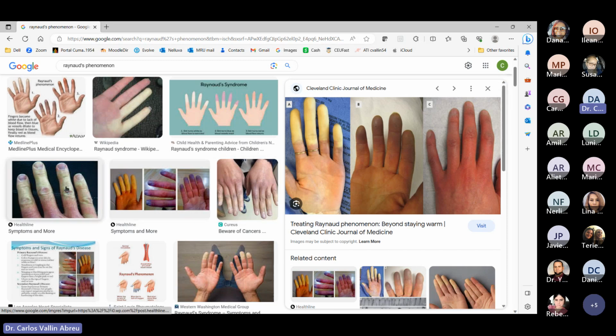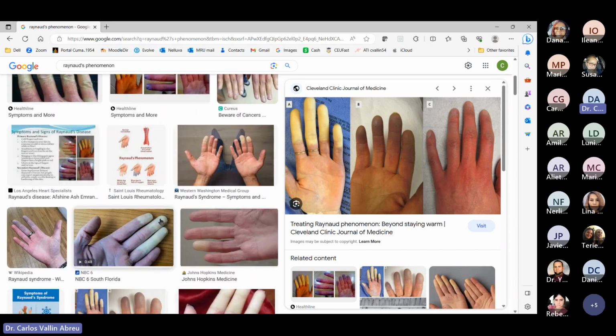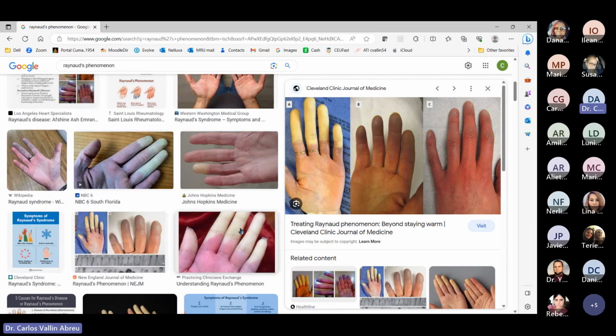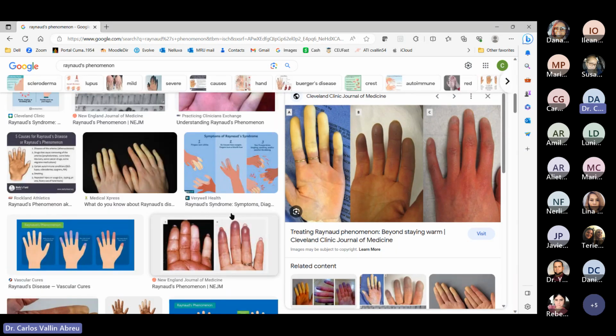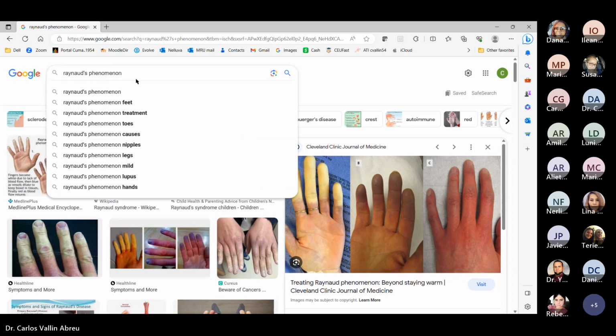Okay. Nevertheless, there is one form of Raynaud, a phenomenon that occurs in a disease called scleroderma. So the Raynaud can occur in a normal person without any kind of disease. It's called Raynaud syndrome, Raynaud disease or Raynaud phenomenon. Yes? But it can also occur in people with diseases.